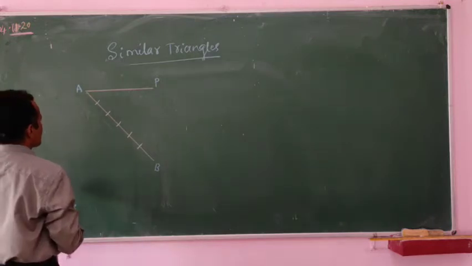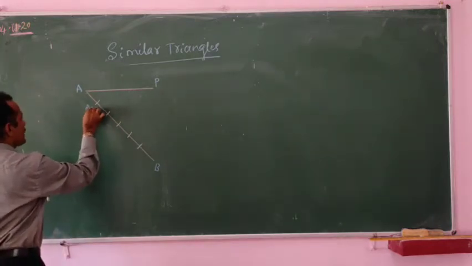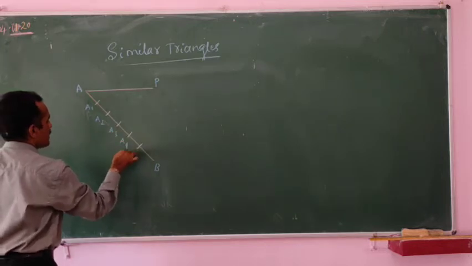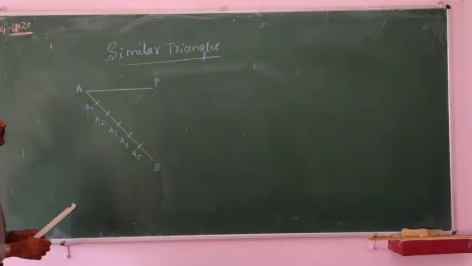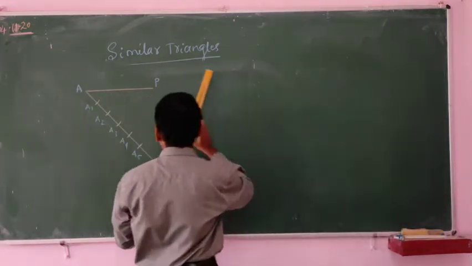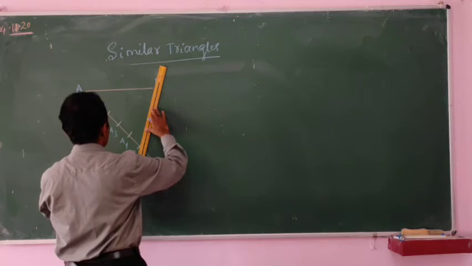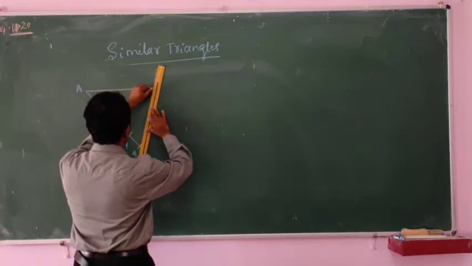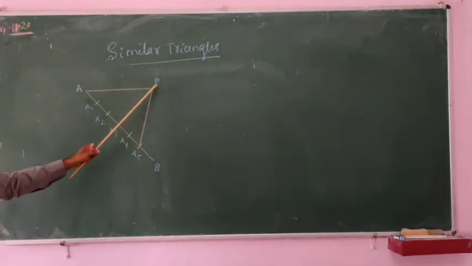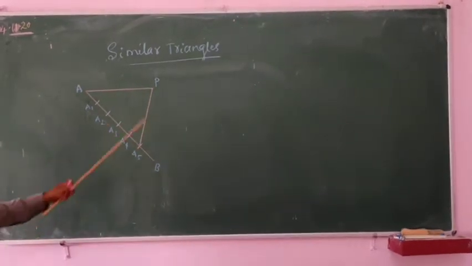I will call them A1, A2, A3, A4, and A5. Then I will join P and A5.